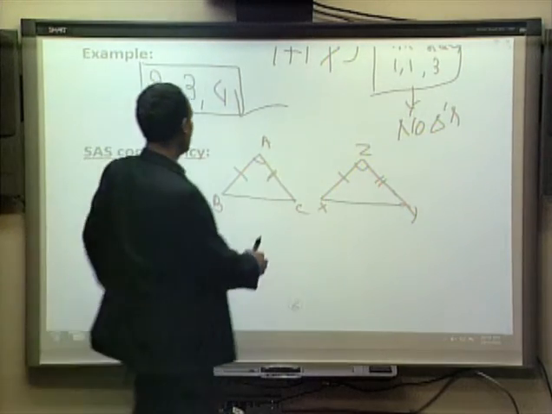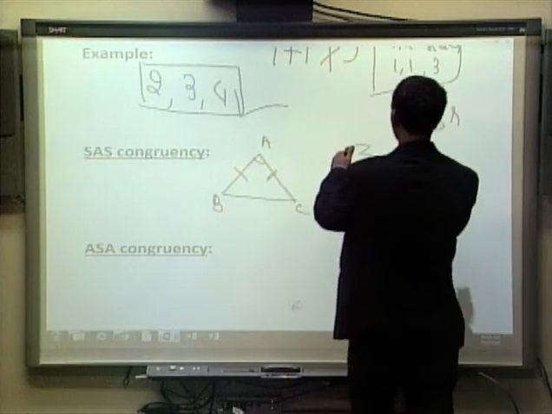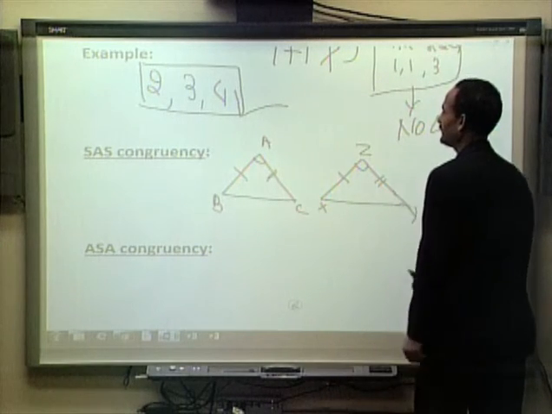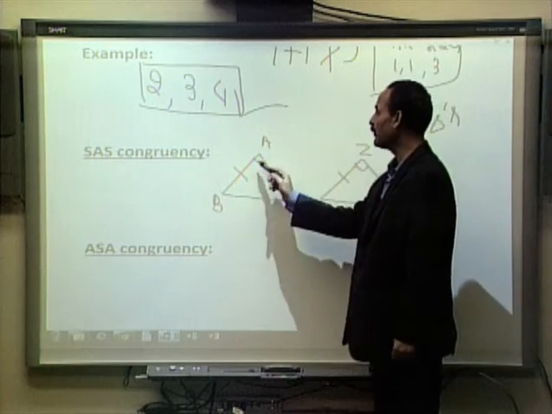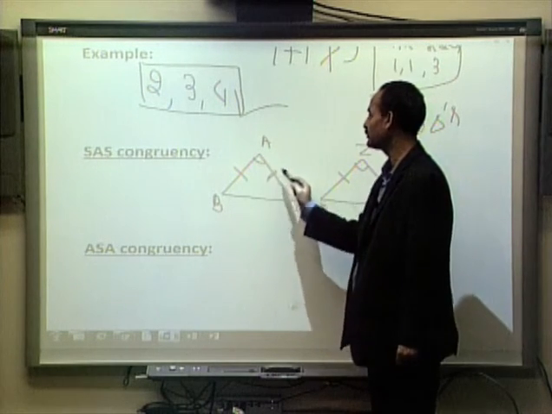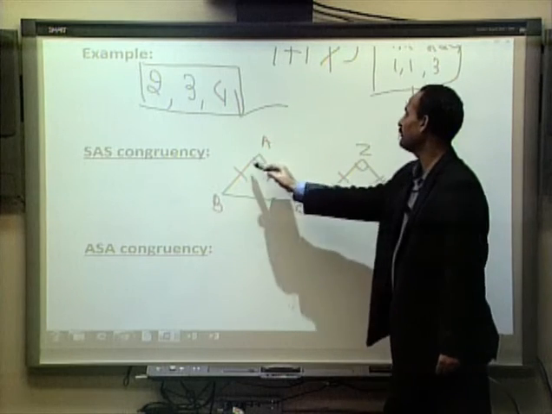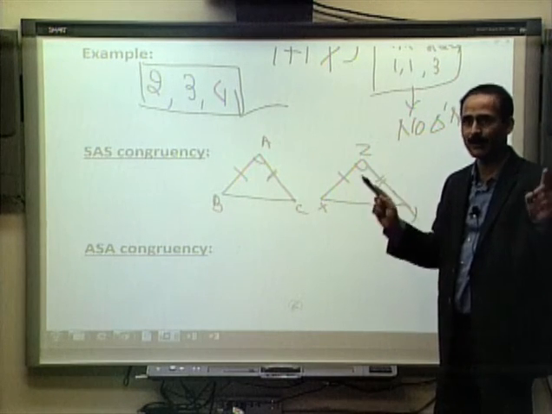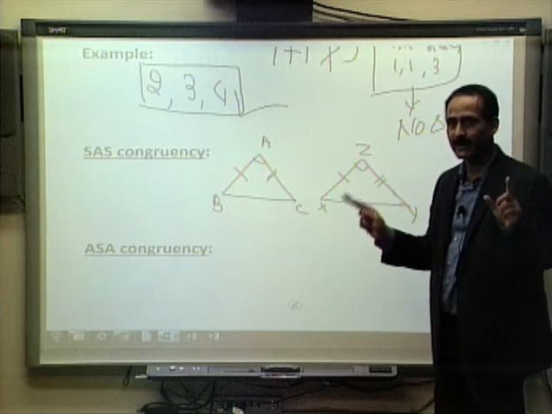Now you see, one side of this triangle is congruent to one side of this triangle, another side of this triangle is congruent to another side of the other triangle, and most importantly the angle formed by these two sides has to be in between the two sides. Two sides are congruent.